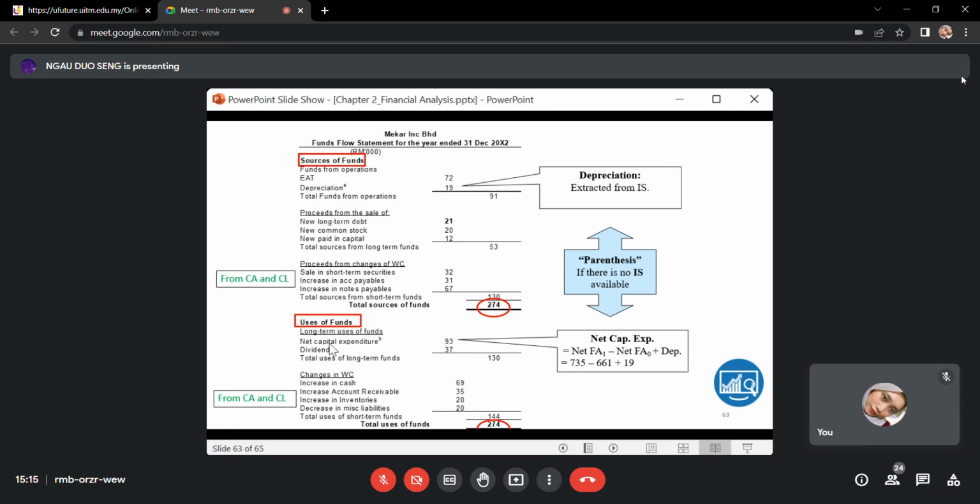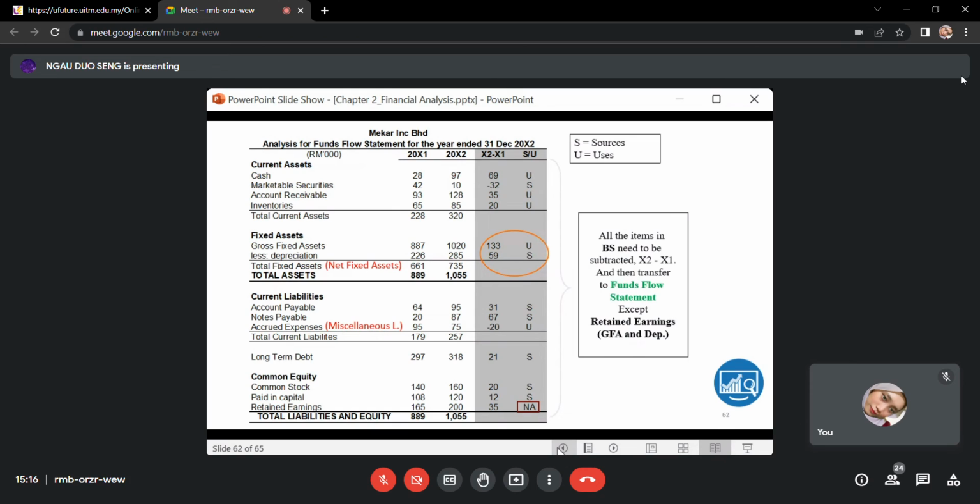Here we have the net capital expenditures, which is net fixed asset year 1 minus fixed asset year 0 plus depreciation, meaning ending minus beginning. So we have 735 minus 661 plus 19. This one you can get from here, the depreciation and the net profit.